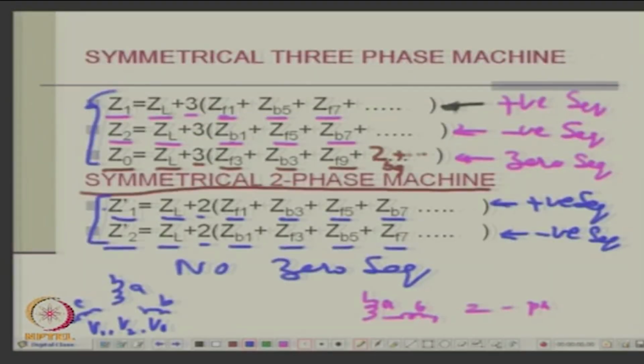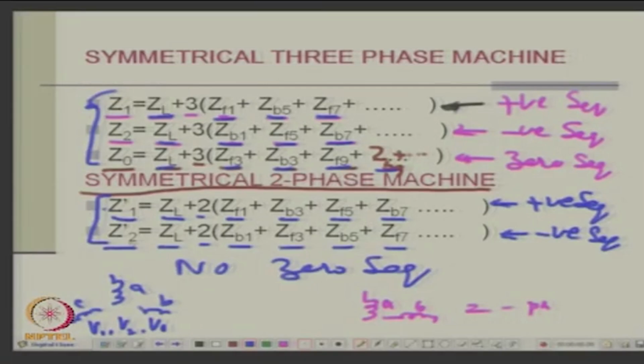See, if you go here you will have ZL, ZL, ZL, ZL, if you add that by 3 will be ZL, then you sum up, this will be 1 by 3 of this. So, there is no ZF1 here or here. Then you have ZB1 here, right, then you have ZF3 here, ZB3 here, ZF5 here, ZB5 here, ZF7 here, ZB7 here, ZF9 here, ZB9 here.